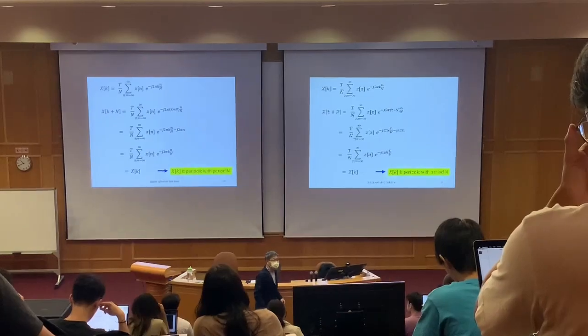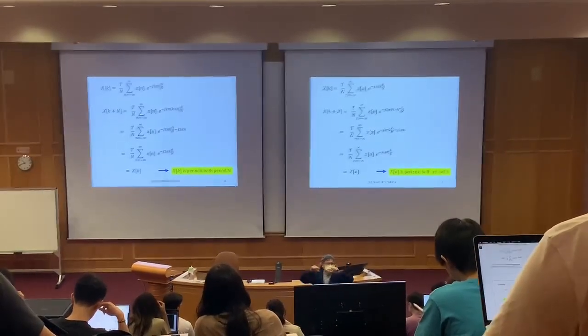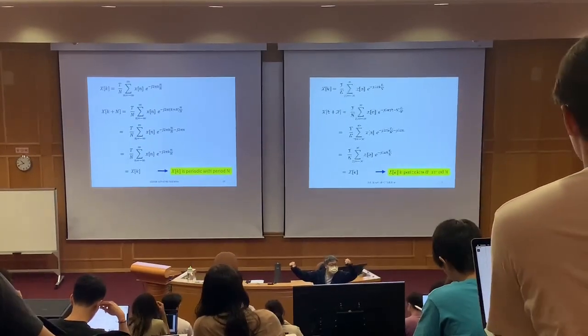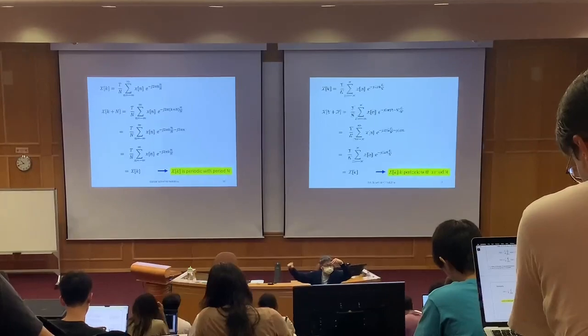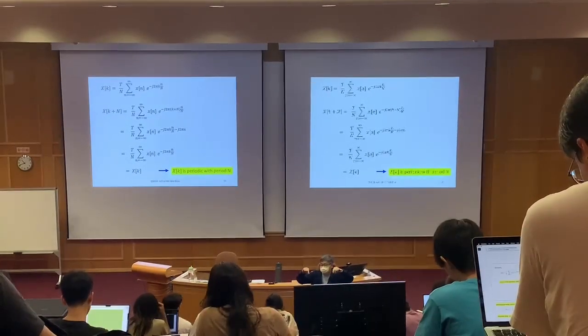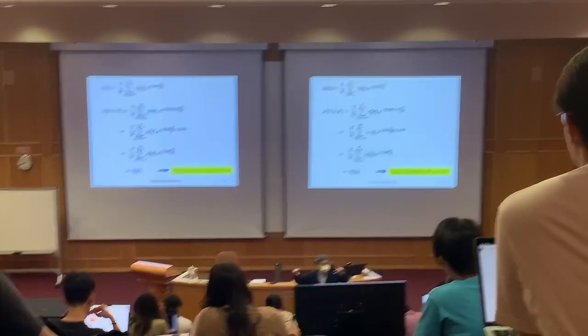The index of the frequency axis array is small k, and the length of the axis is also capital N.